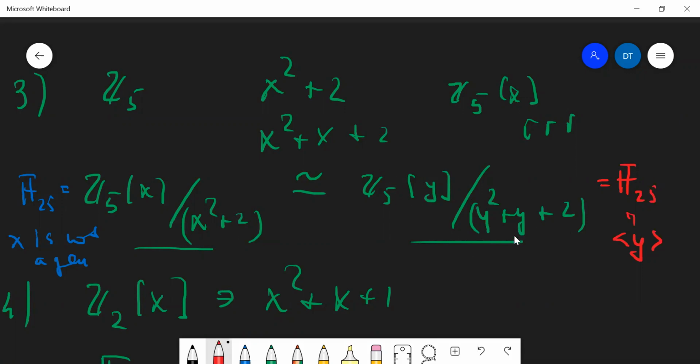Oh, by the way, that's not what should be written here, F25 star. The group is the set of all non-zero elements. So the reason why you prefer this is because here the element Y itself is a generator of the multiplicative group, and here the element X is not a generator of the multiplicative group. Let me write it here, of F25 star.